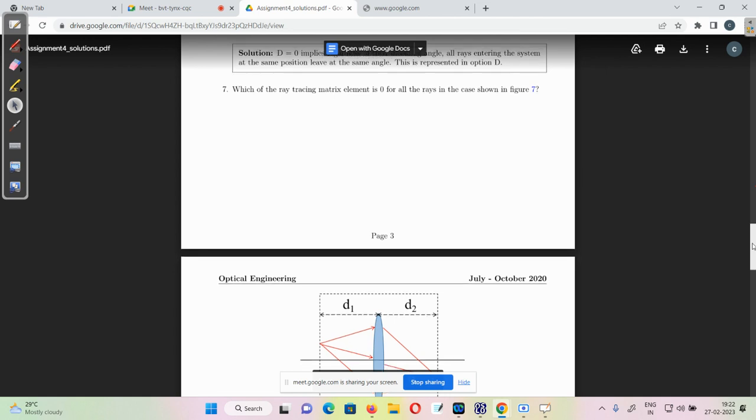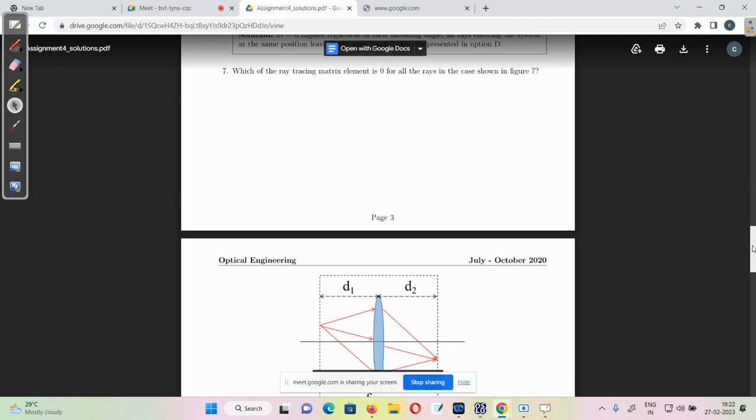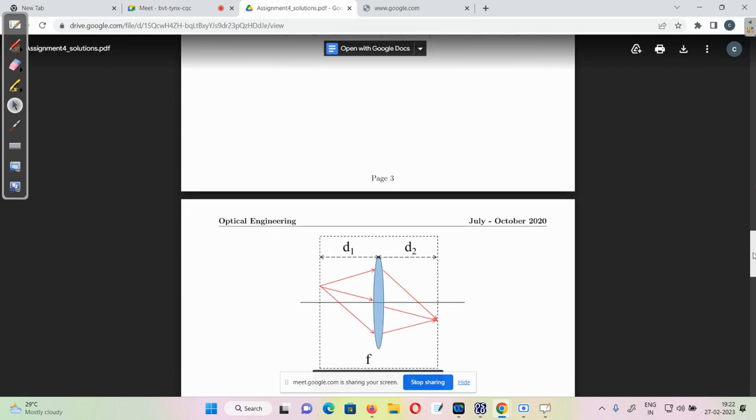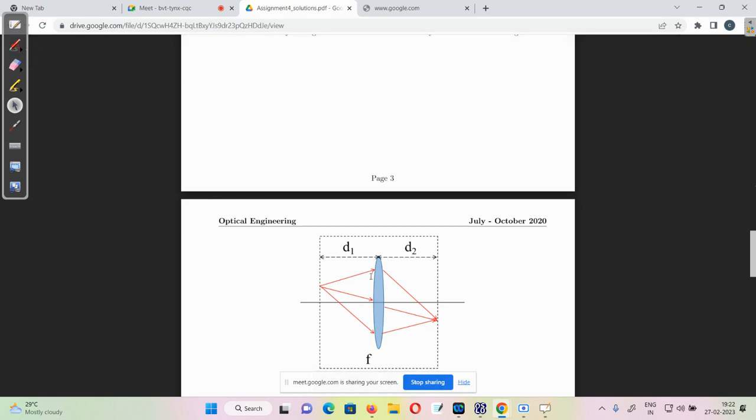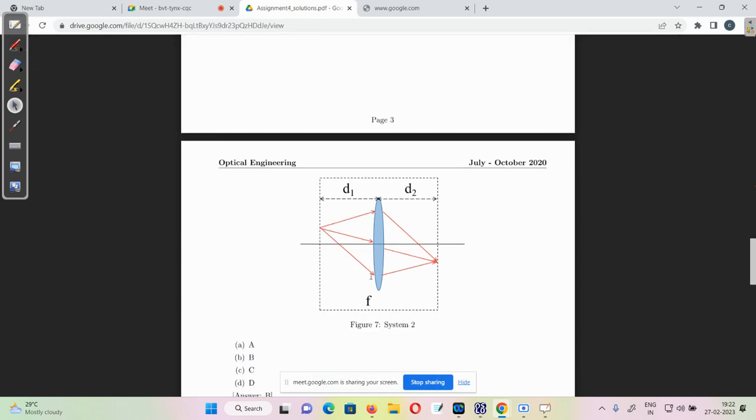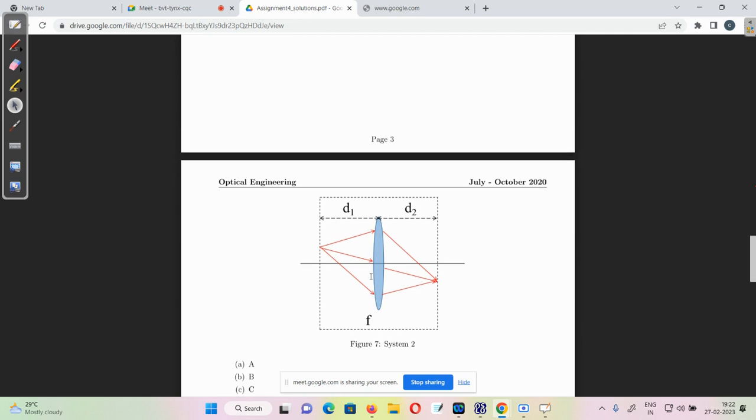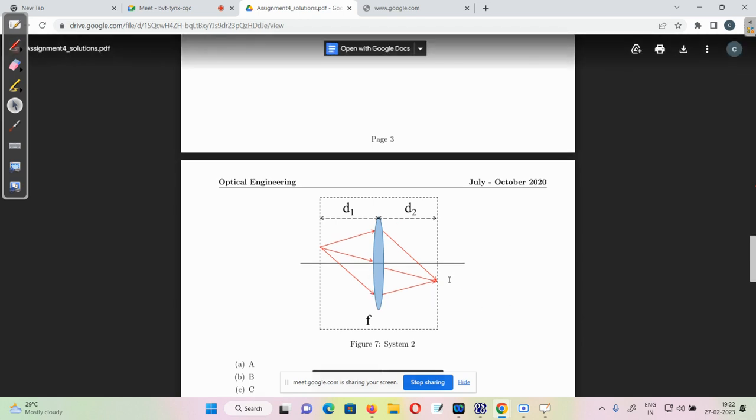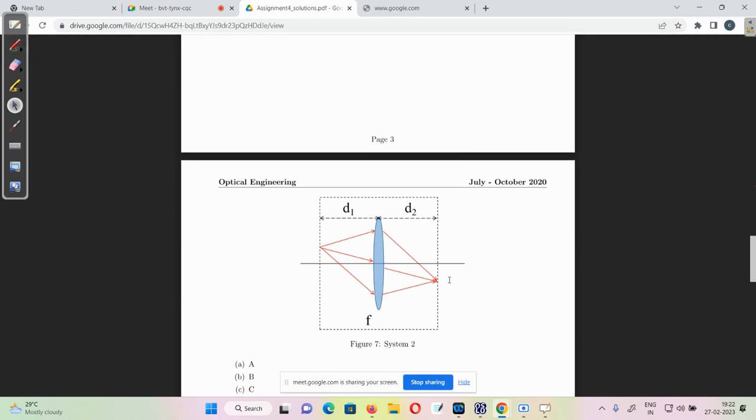Which of the ray tracing matrix elements is 0 for all the rays in this case shown in the figure? This one is the question. Okay. What is this condition called?